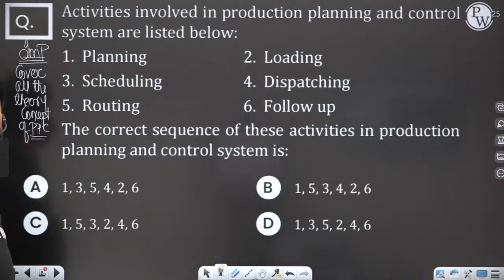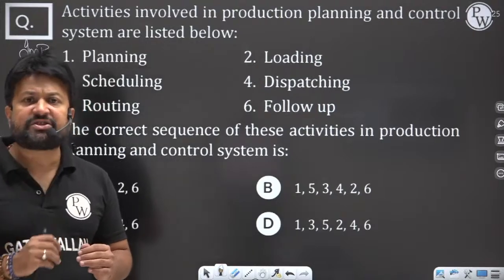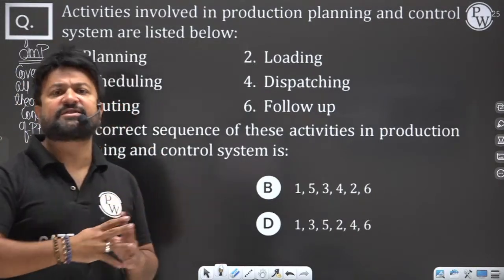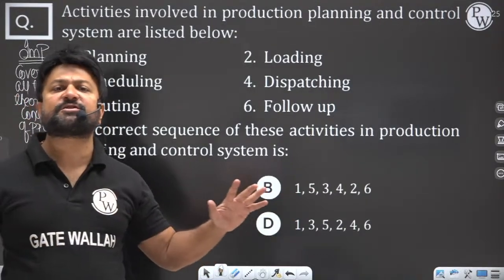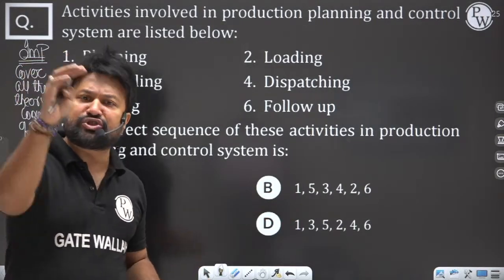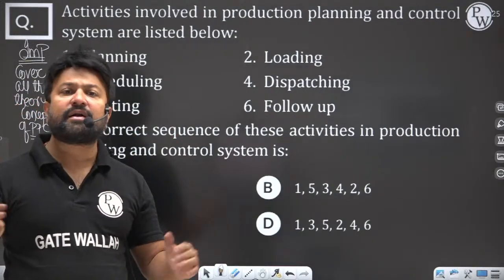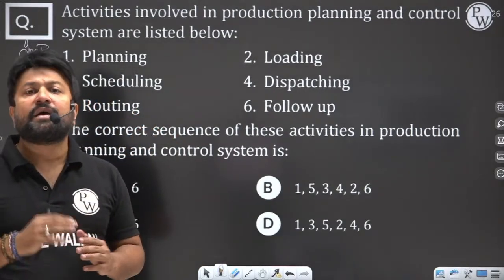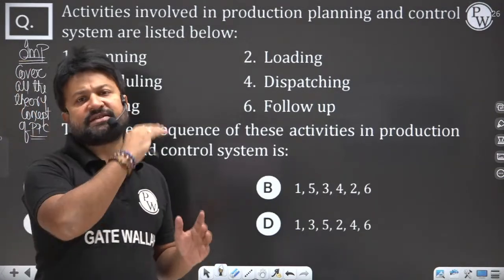Also the next function is dispatch. What is dispatch? Dispatch deals with the smooth introduction of work on the shop floor. It includes release of work orders, release of tool drawings, etc., on the shop floor in their required sequence.